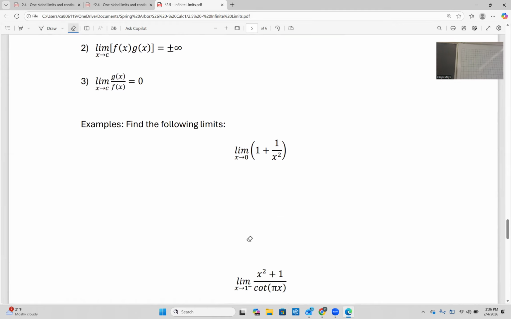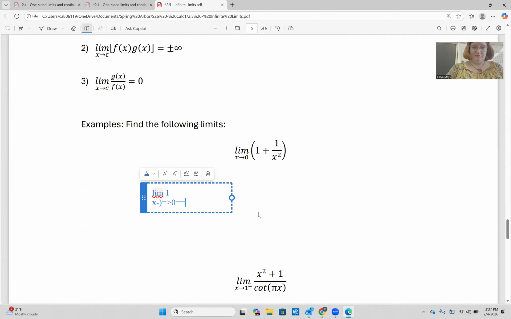The limit as x goes to 0 of 1 plus 1 over x squared. Practicing from before. Going to try and actually type. Limit of 1 as x goes to 0, plus the limit of 1 over x squared as x goes to 0.